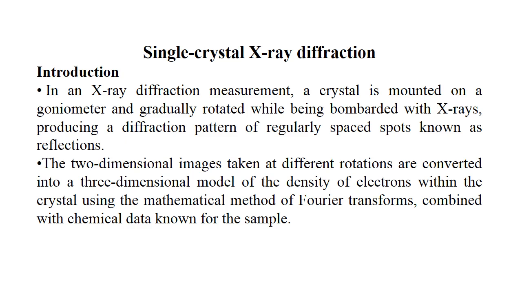It means we will first obtain the two-dimensional images from different rotations, and when we get the two-dimensional images from different sides, then we will convert them into the three-dimensional model of the electron density present in the crystal, and mathematically we transform that, and we can get the chemical data.